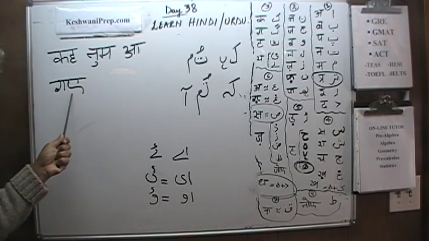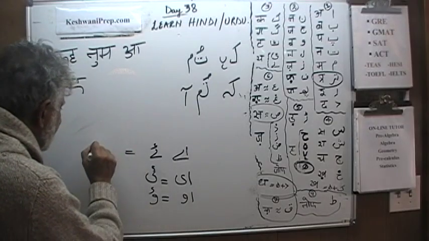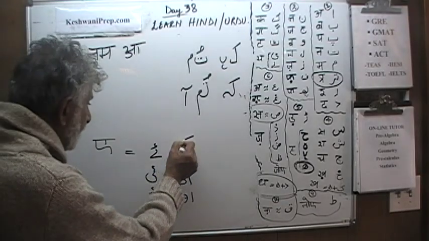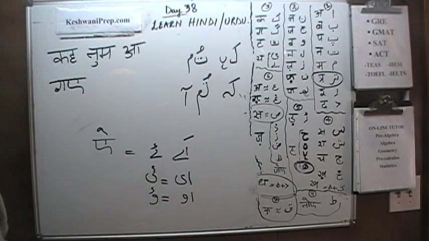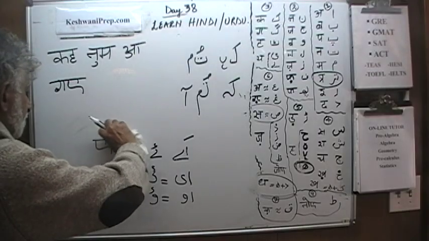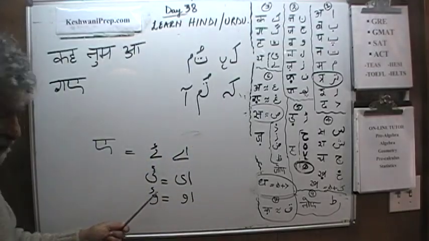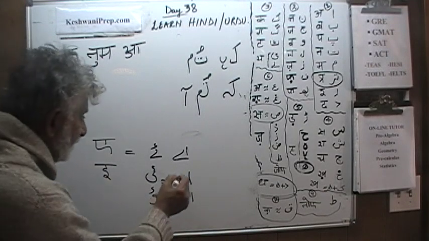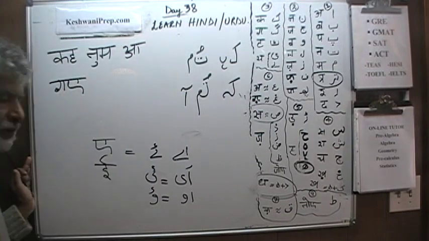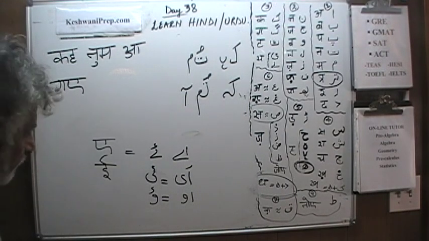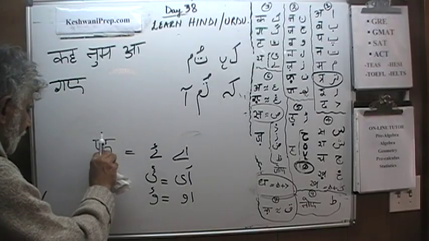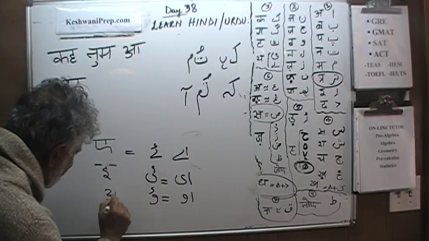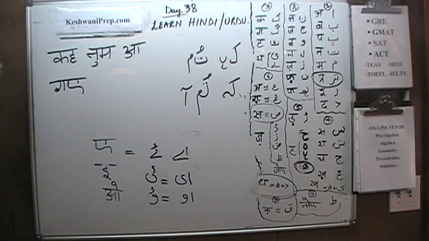It's a choti A. If you want a badi A, you would put a zabar on it, and now it becomes a badi A. E is like this. If you want a badi E, you put a zabar on it, and now it becomes badi E. And O is just O, like this. O just follows the pattern.